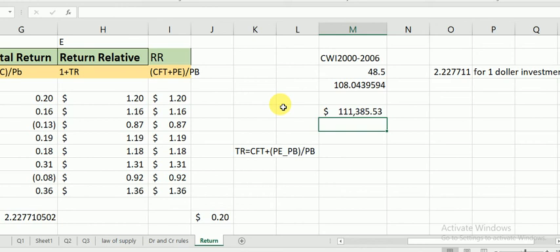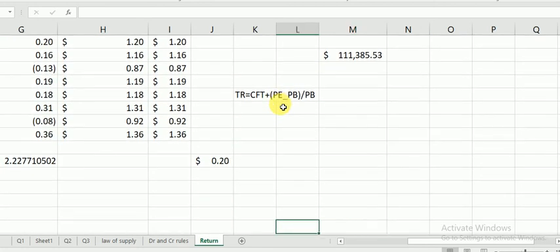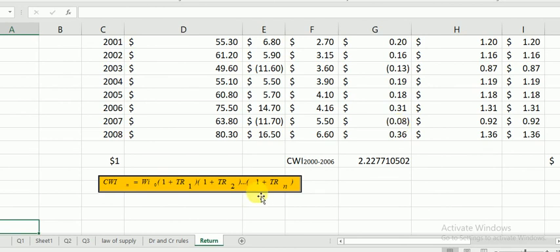So if we invest 50,000 in the year 2000, till 2006 it will be $111,385.53. Clear? This was the manual calculation of this formula, in which we calculate this value here.